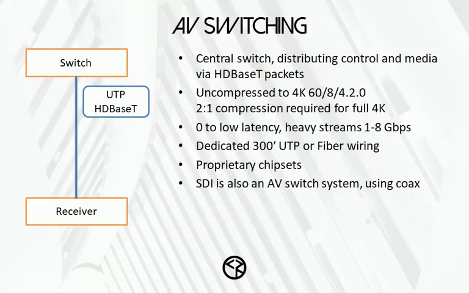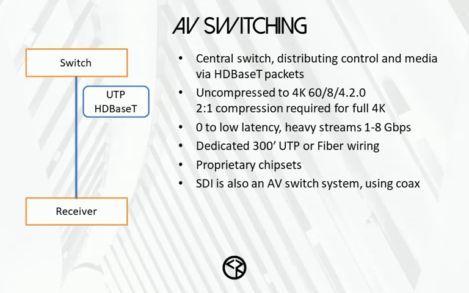Looking closer at AV switching, we already know it's a central switch, and controlling media are sent usually through HD-Base-T packets to receivers. The video is uncompressed, up to 4K 60, 8-bit, 4:2:0.